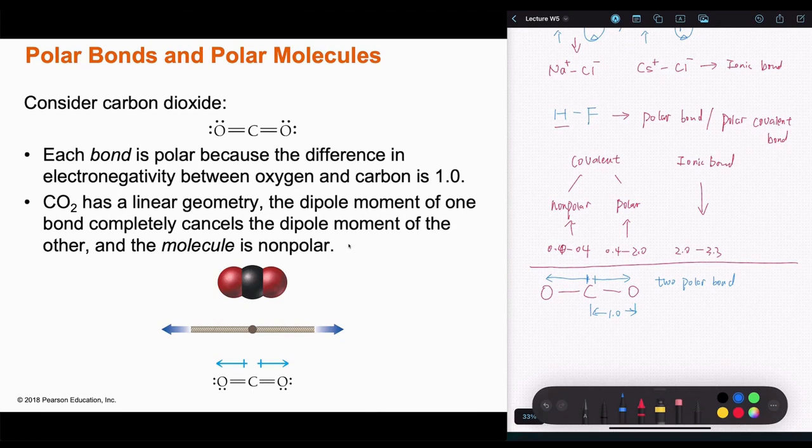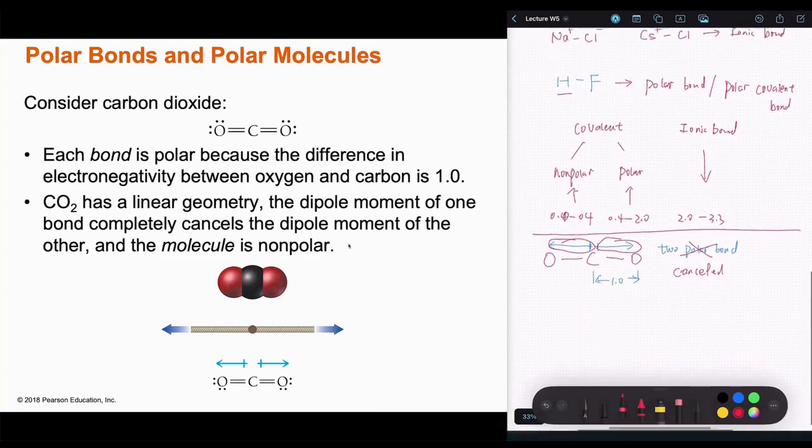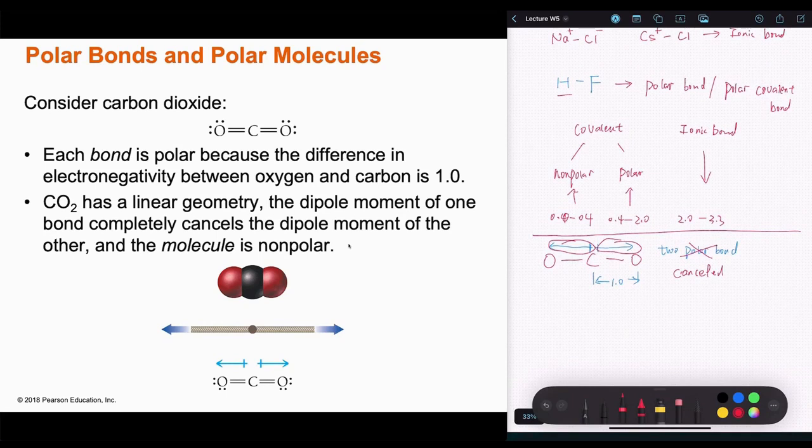The reason is that these two polar bonds are pointing in exactly opposite directions, and they eventually cancel. So although carbon dioxide has two polar bonds, since the two bond dipole moments cancel, the whole molecule has no dipole moment. So it is a nonpolar molecule.